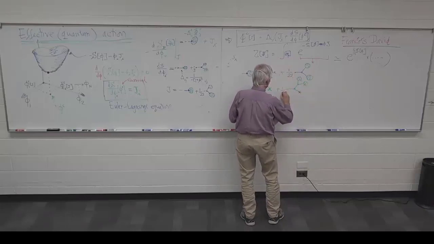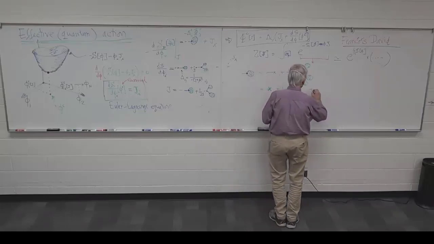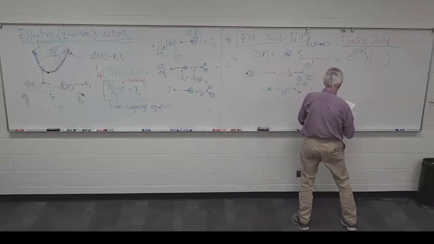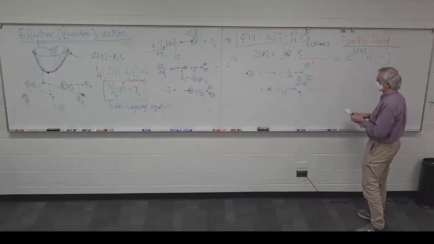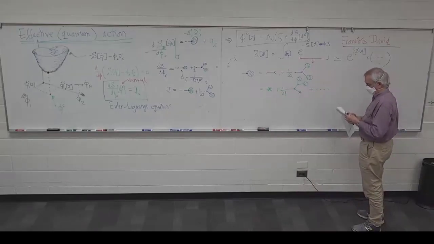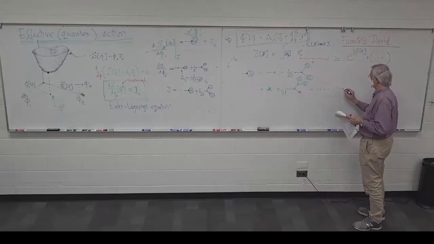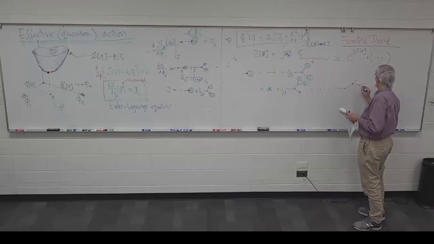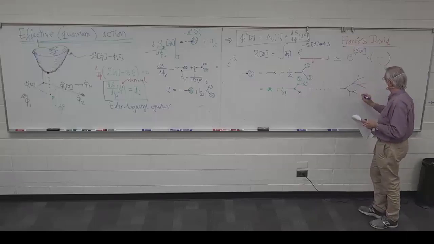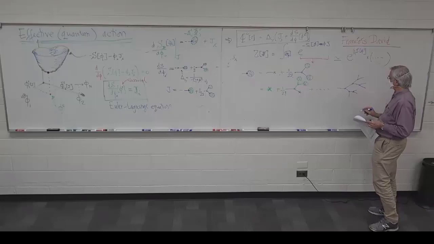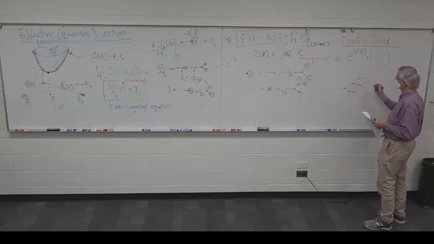So I think it's 1/2 because of the symmetry here, but doesn't matter. But eventually, the only terms that ever contribute to this have the structure of trees, and they're organized by more and more powers of coupling, because each vertex carries a power of g. So this is of order, let's say, g to the 6.